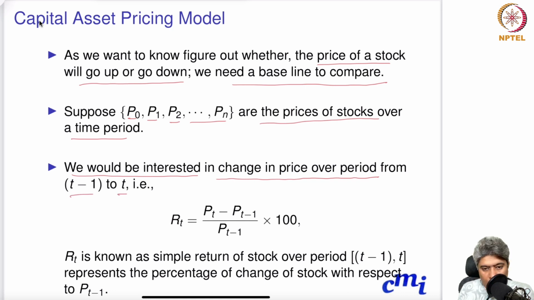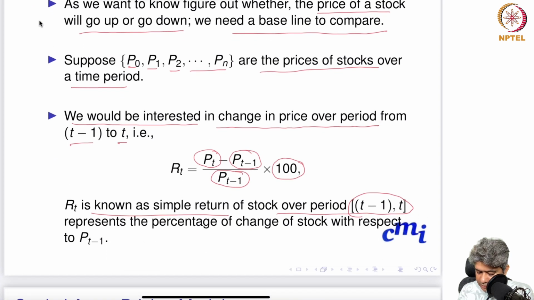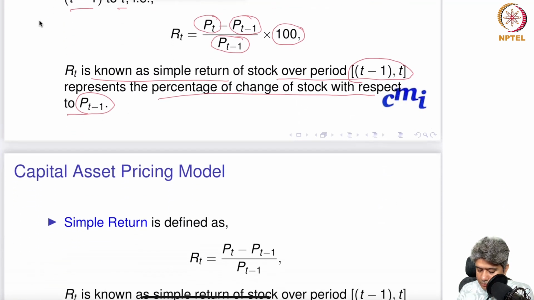So what we will do is simply subtract pt-1 from pt and divide that by pt-1, and if we multiply by 100, that will give the simple return. RT is the simple return of the stock over period t-1 to t. This represents the percentage of change of the stock with respect to pt-1. With respect to pt-1, what percentage of change has taken place in the price of the stock?